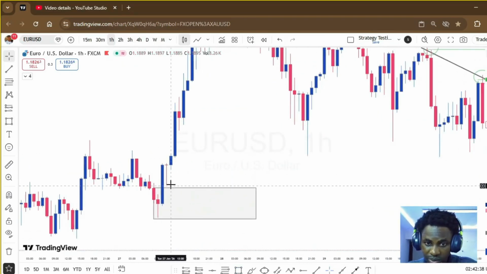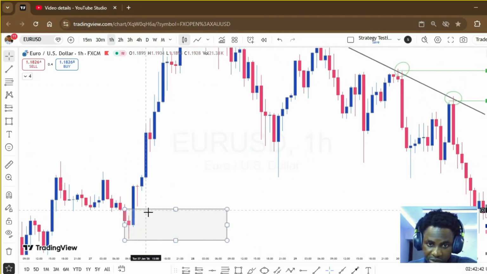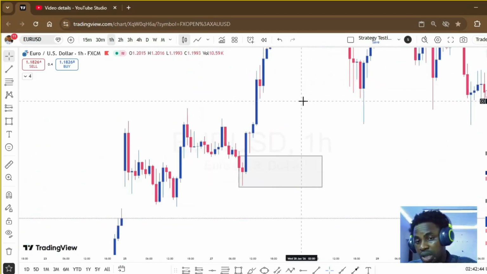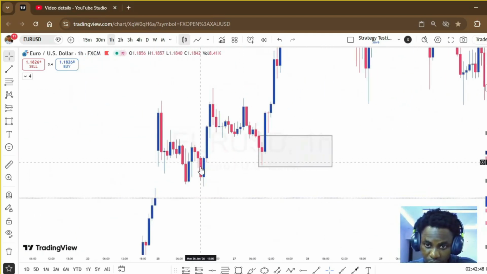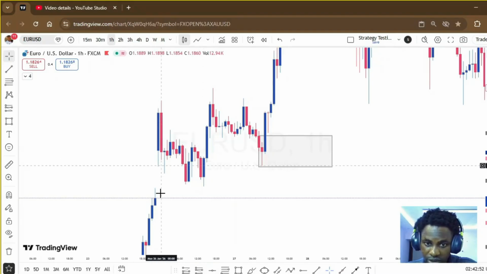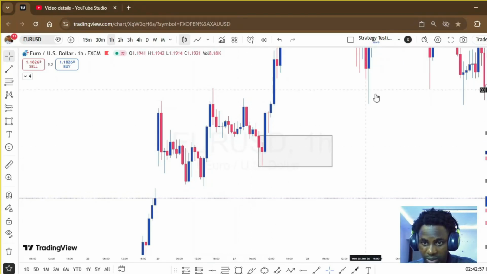Price did wick here, very few pips to tap into it and zoom off. That would also have been a very painful trade anyway, because it was on a very valid POI. It was on a very valid zone. Price probably just filled this gap that was here, went up, swept this liquidity, and tapped back down there.